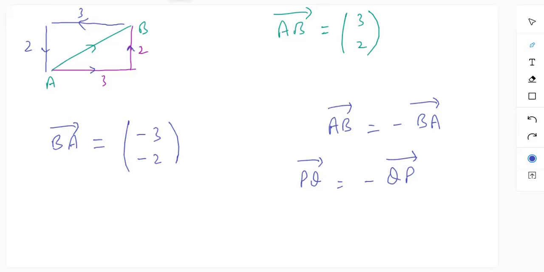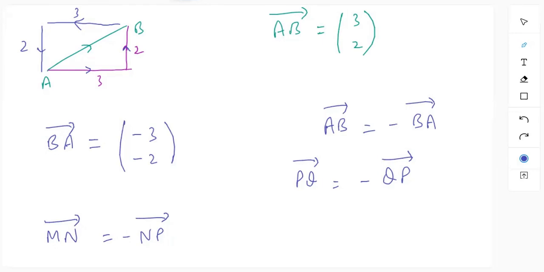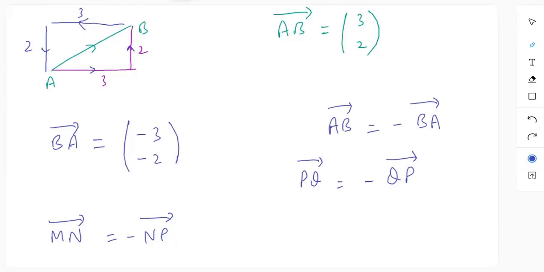Okay, so these are called negative vectors. Similarly, MN and NP, these are negative vectors of each other. जब आप minus लगाते हो, आपकी direction change हो जाती है. Okay, so that's the next thing that you need to understand here, negative vectors कैसे आते हैं.